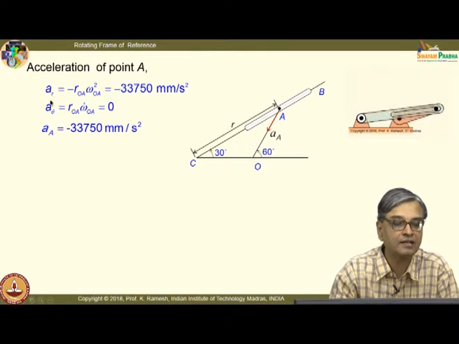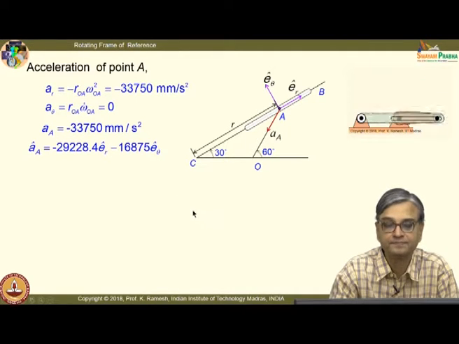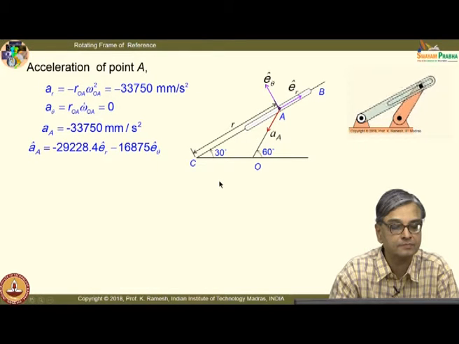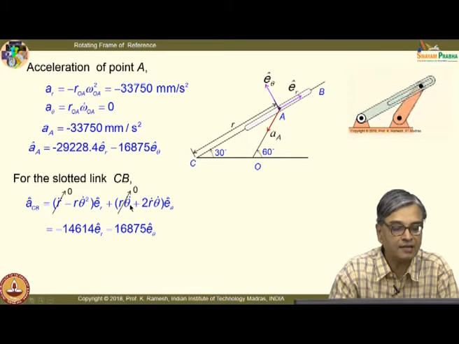I have a radial component and also a tangential component, normal and tangential component. So, I can write this in terms of E r and E theta. So, velocity of A is completely known, which is expressed in terms of E r and E theta. So, for the slotted link CB, I have r double dot minus r theta dot square E r plus r theta double dot plus 2 r dot theta dot E theta.